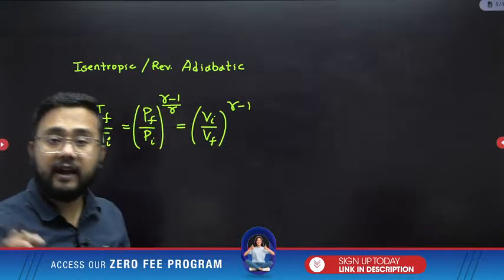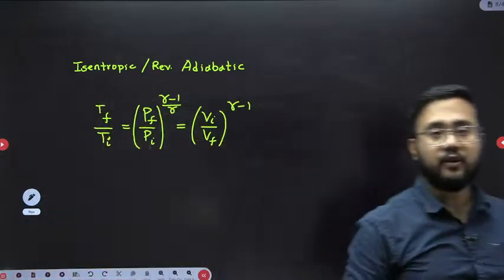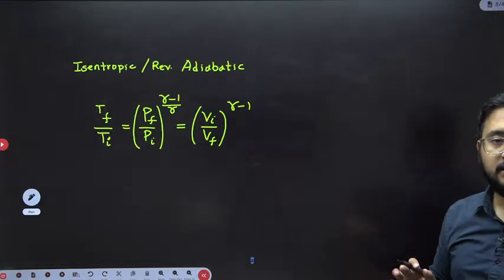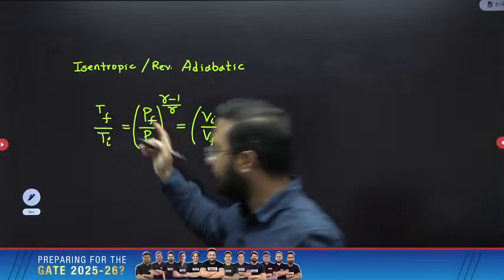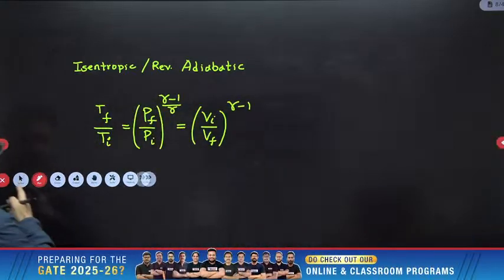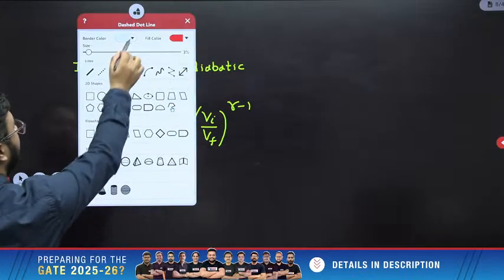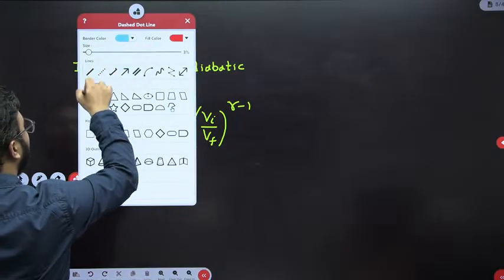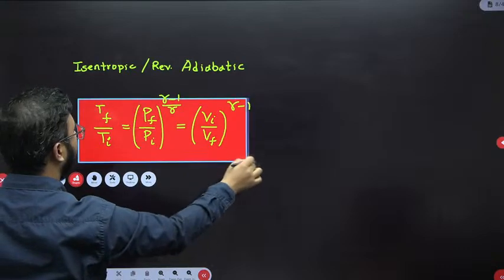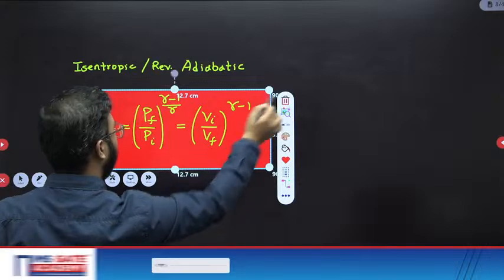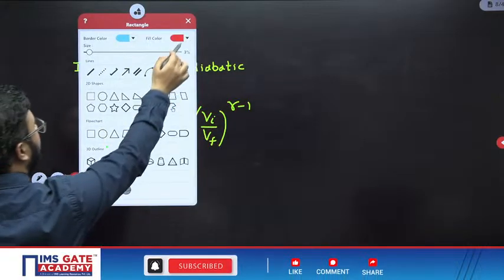This is a very important relation for the isentropic or reversible adiabatic process. I have written it in terms of initial and final states so that you will never be confused about how to write this relation. Right. So this is a very important part you need to understand.